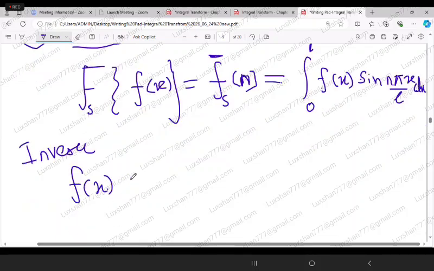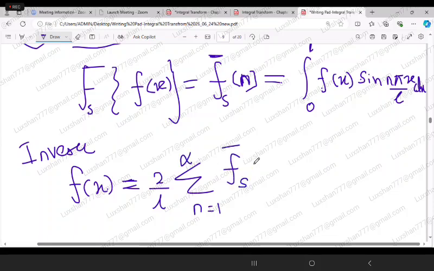Fx is equal to 2 over L, summation n equal 1 up to infinity, f bar Sn into sine n pi x over L. Okay, so this is the inverse finite Fourier sine transform.